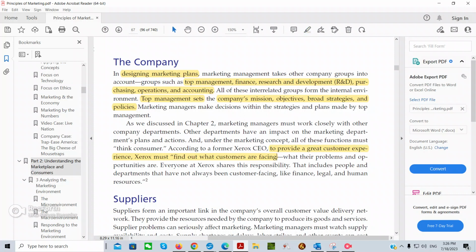The facing refers to their need, what their problems and opportunities are. Everyone at Xerox shares the same responsibility. That includes people and departments that have not always been customer facing, like finance, legal, and human resources.